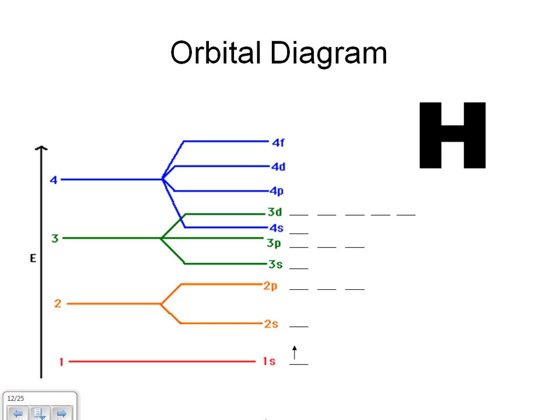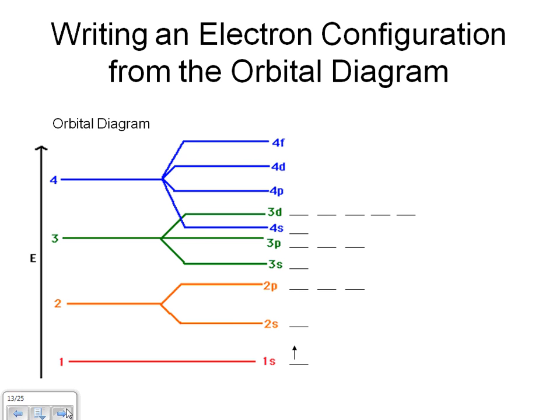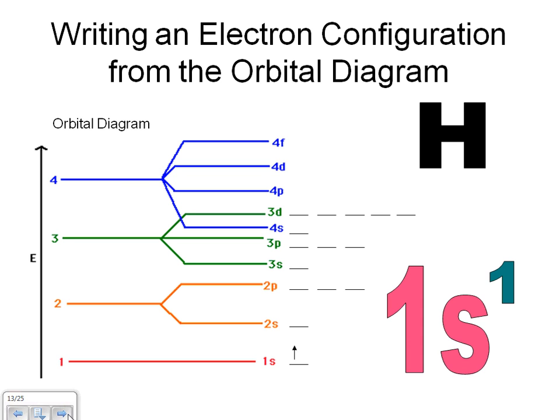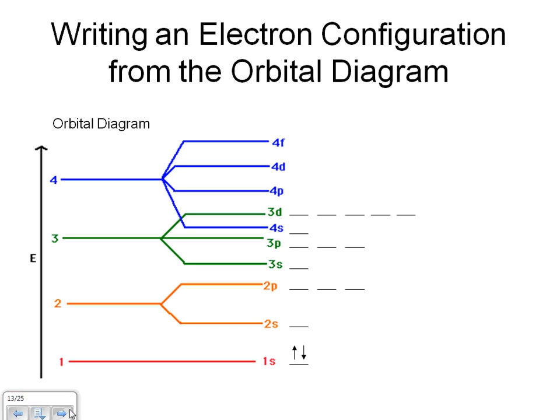Okay, and we're done. When we write out the electron configuration, what we put is the energy level, which is 1, the sublevel, which is S, and how many electrons we have, which is 1s1. So this is called the electron configuration. This is its address. If we look at the next one, helium has an atomic number of 2.